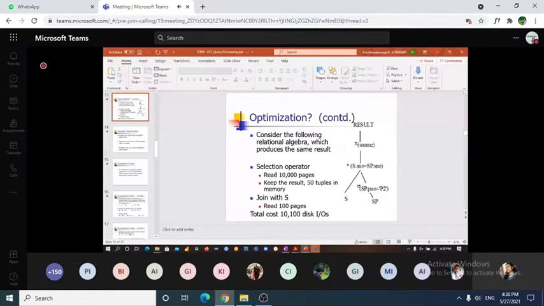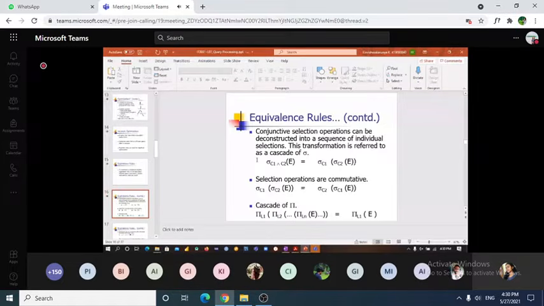Then what the optimizer will do is evaluate all the relational algebra expressions and find the cost. Again, lesser IO cost means the read write is less. Wait, let me write it.